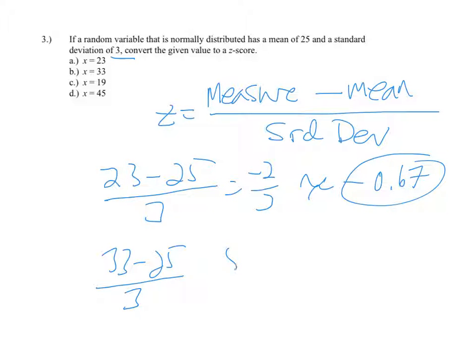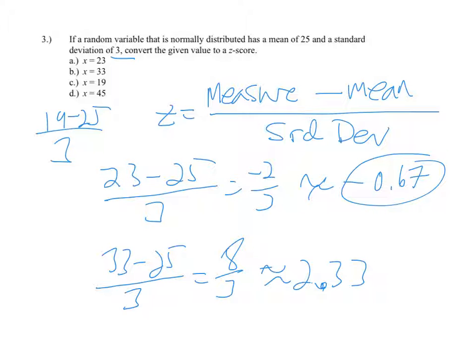So that's going to be 8 over 3, which is about 2.33. Then we're going to do 19 minus 25 divided by 3. So that's what? Negative 6 divided by 3 is negative 2.